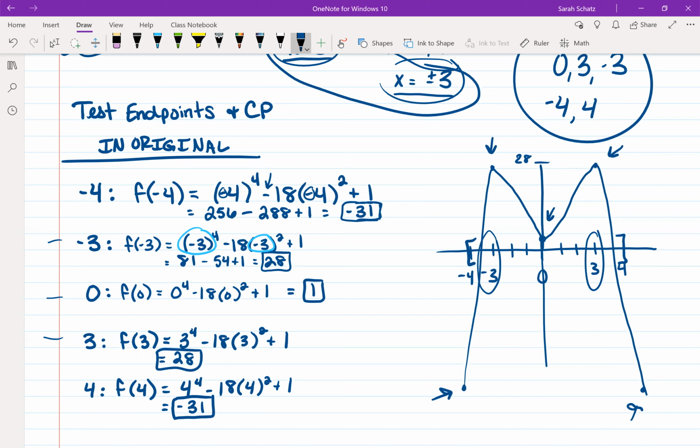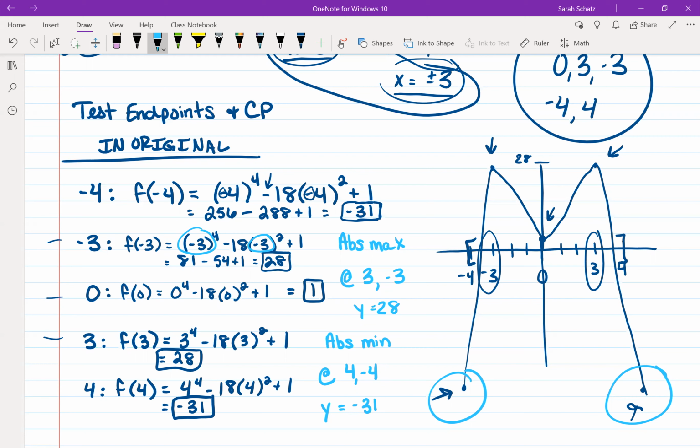You guys, it's these down here, right? Those are the lowest values in the interval. They occur at 4 and -4. So absolute mins are occurring at 4 and -4. And if you need to, notate what the minimum y value is there, well, you already found it. It's -31.